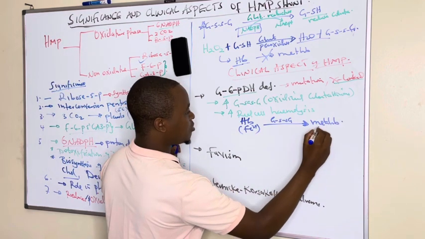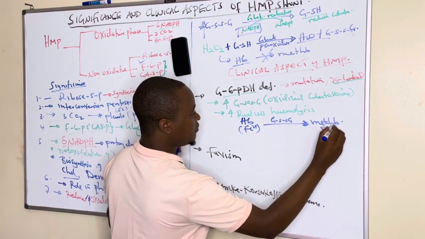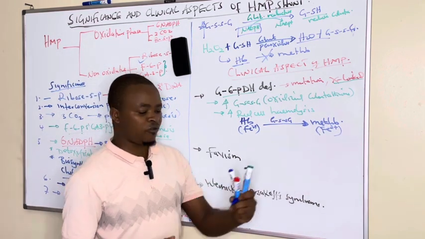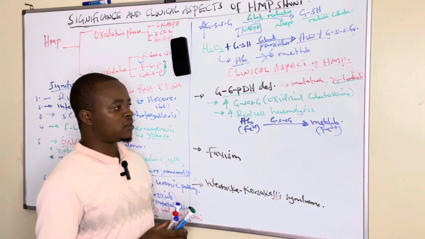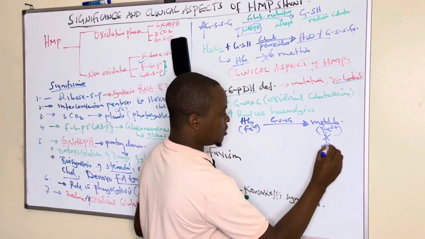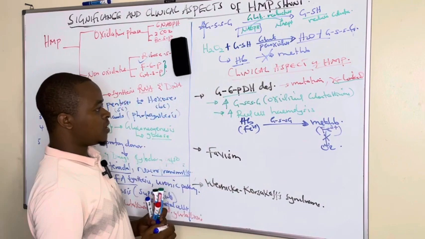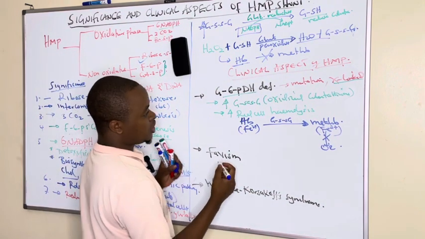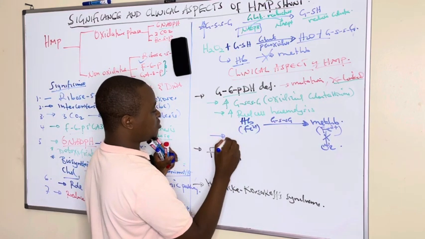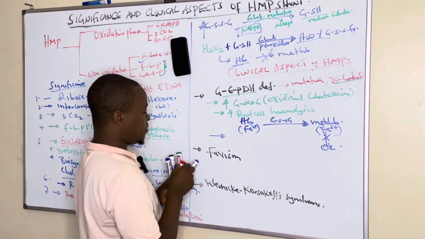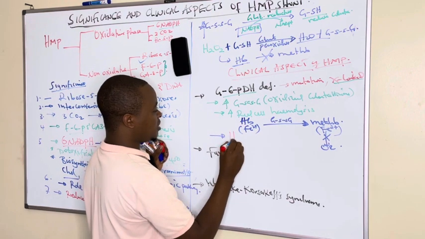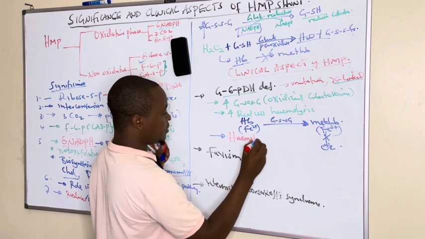And this methemoglobin has iron in the ferric state, or iron 3 state, and hemoglobin with iron in the ferric state fails to carry oxygen to respiring cells. This increased hemolysis results into hemolytic anemia. These people with G6PD deficiency suffer from hemolytic anemias.